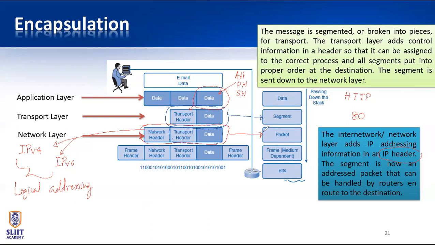You have heard me say that data packets will be transferred from this end to the other end. We use the name packet to refer to whatever data we are passing.